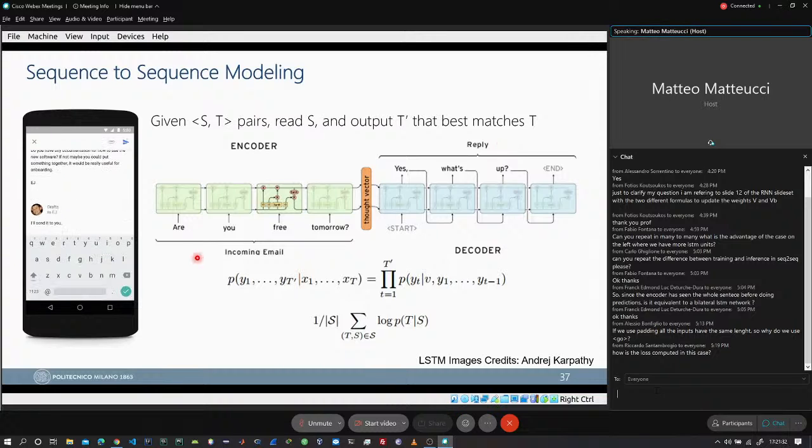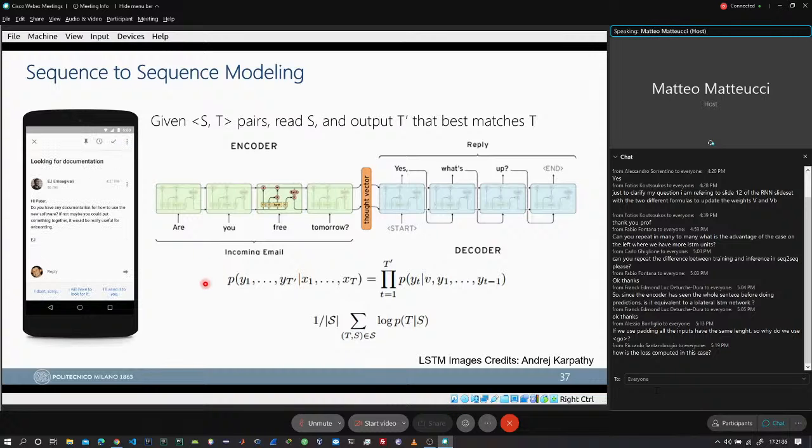If we try to apply the idea of maximum likelihood to this problem, we have the probability of the sequence y1, y2, ..., yT, for the length of the target, given a certain input. We can assume that given the previous words, each output is independent from all the others.